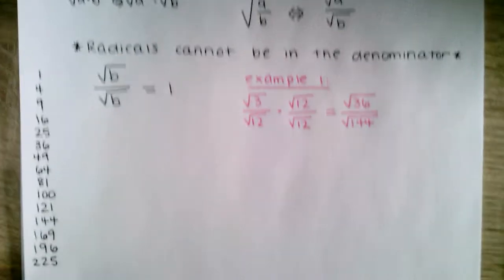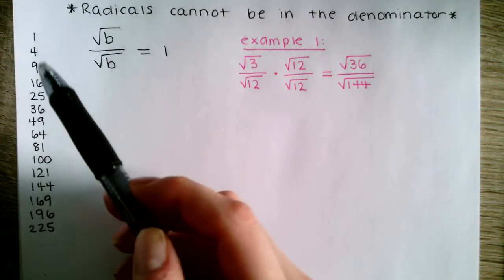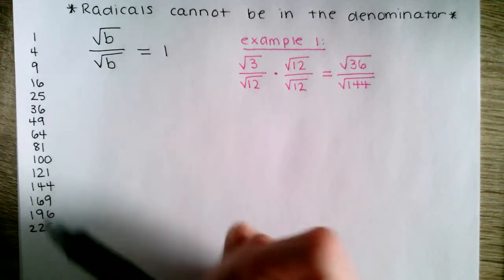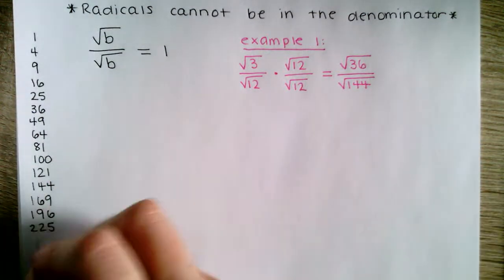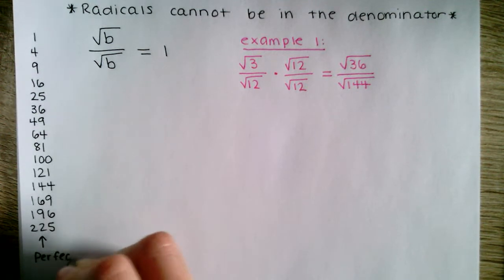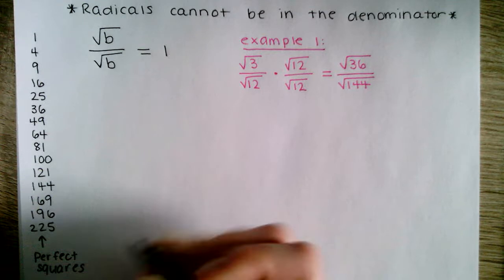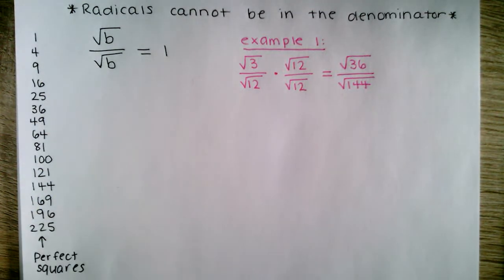Those are the perfect squares that we used during our last unit, 1 through 15. To create this list, all you're doing is 1 times 1, 2 times 2, 3 times 3, 4 times 4, etc. This list could go on forever, but for the purpose of what we're doing today, we probably only need up to 225.